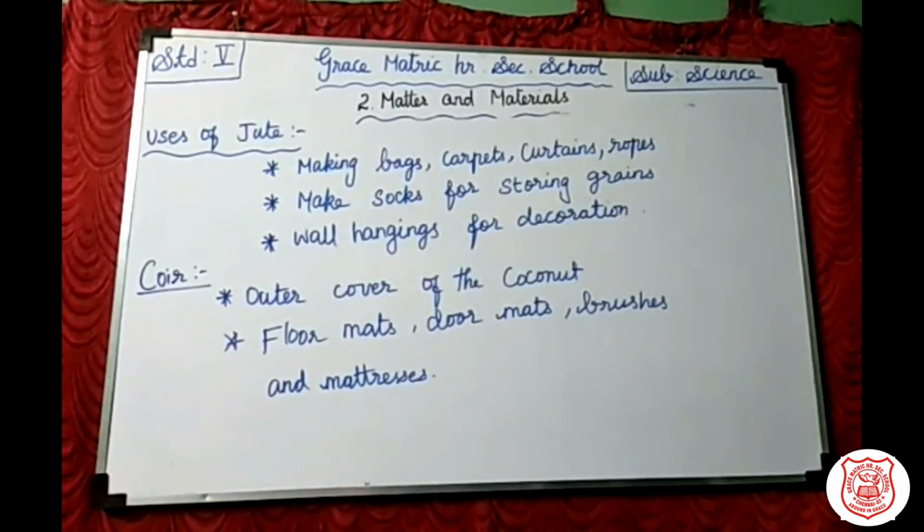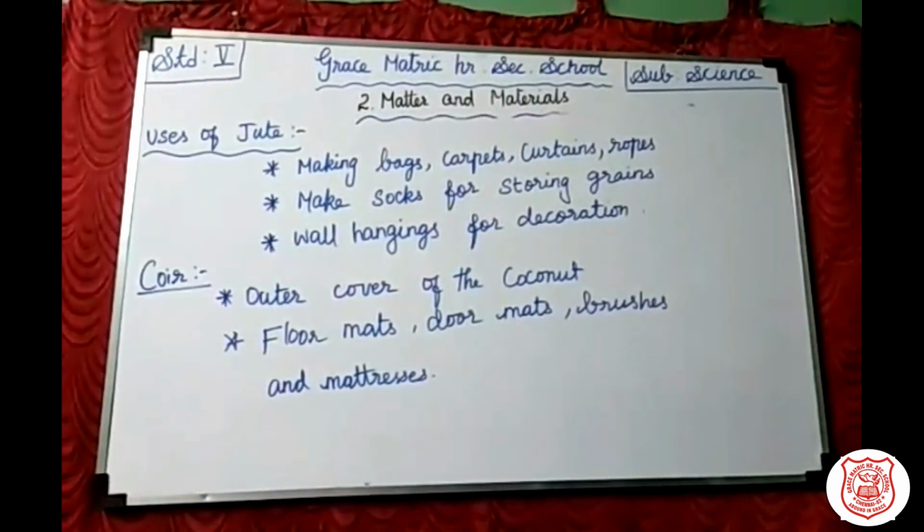Jute fibers are used for various purposes, for example making bags, carpets, curtains and ropes. They are also used to make sacks for storing grains, and for making wall hangings for decoration.